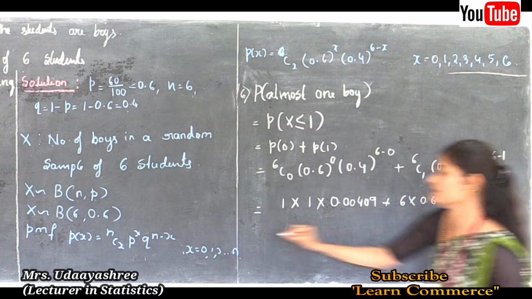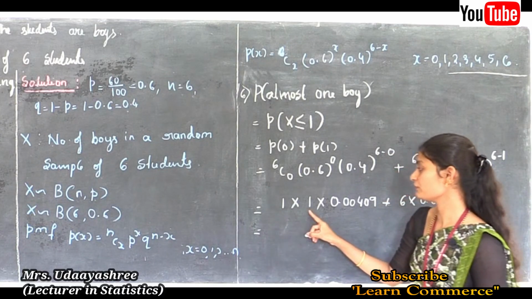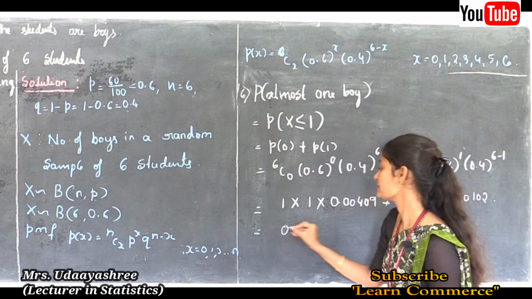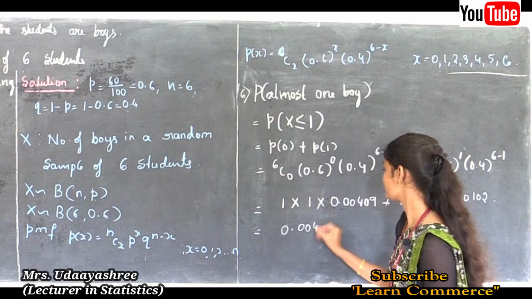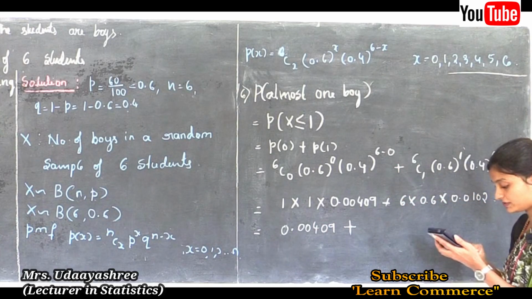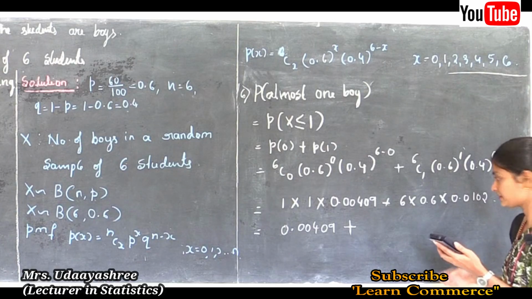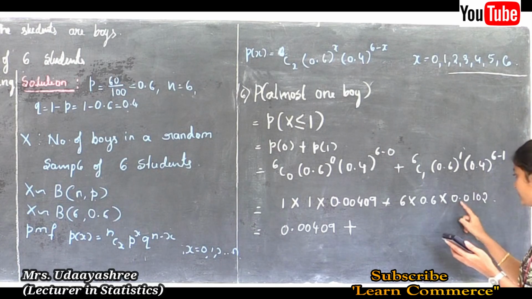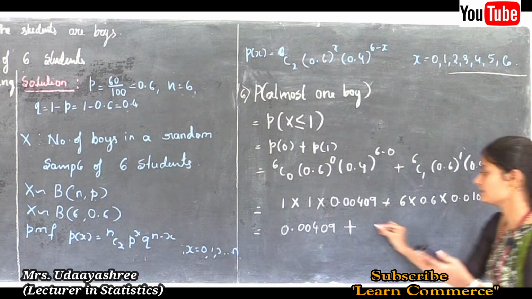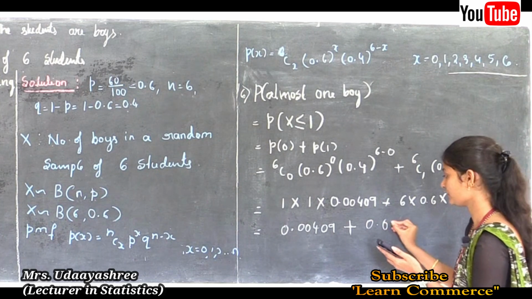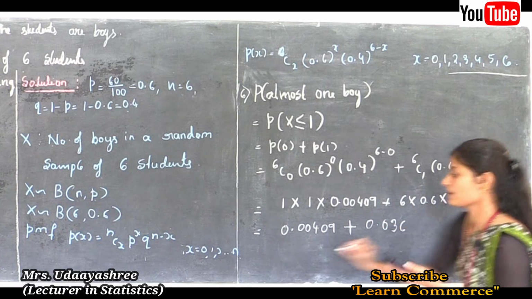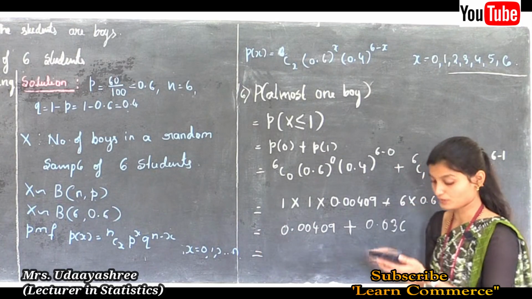Okay, this is equal to 1 into 0.00409, plus 6 into 0.6 is 3.6, into 0.0102, which is 0.036.